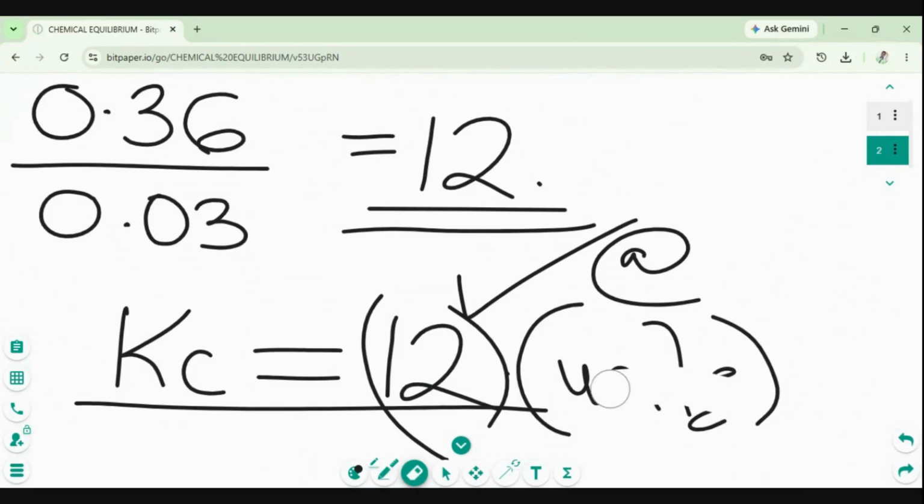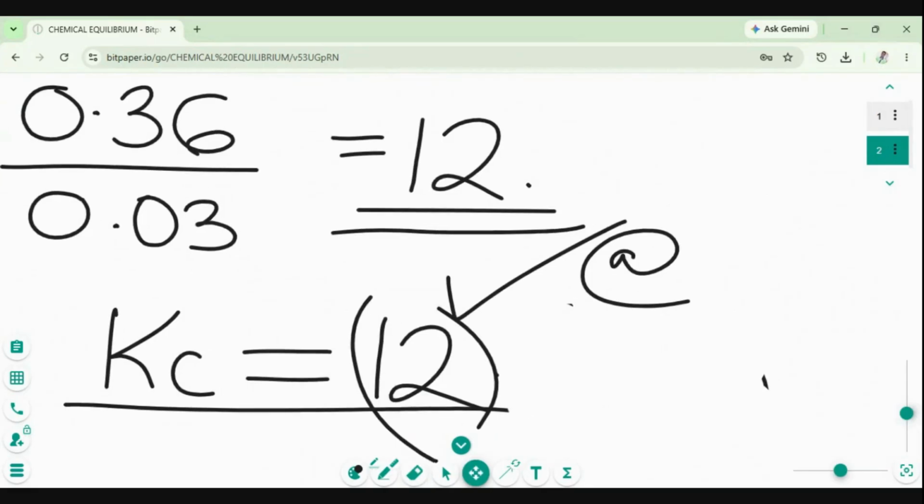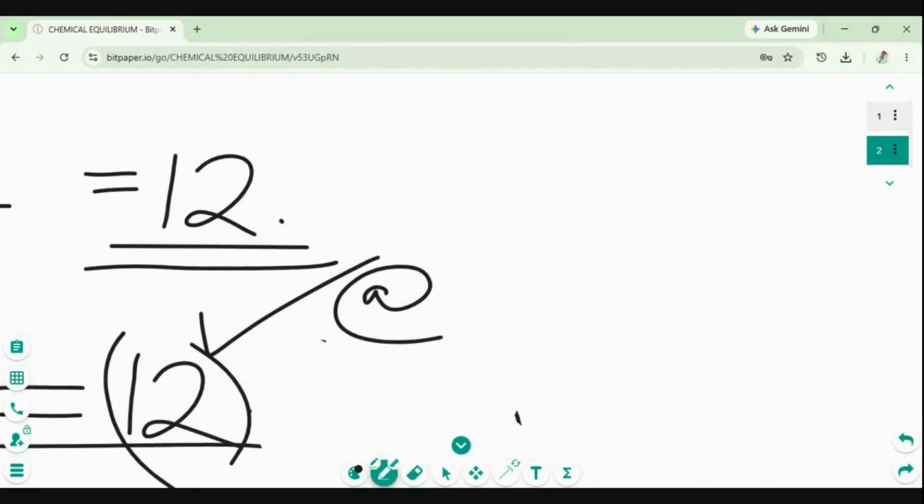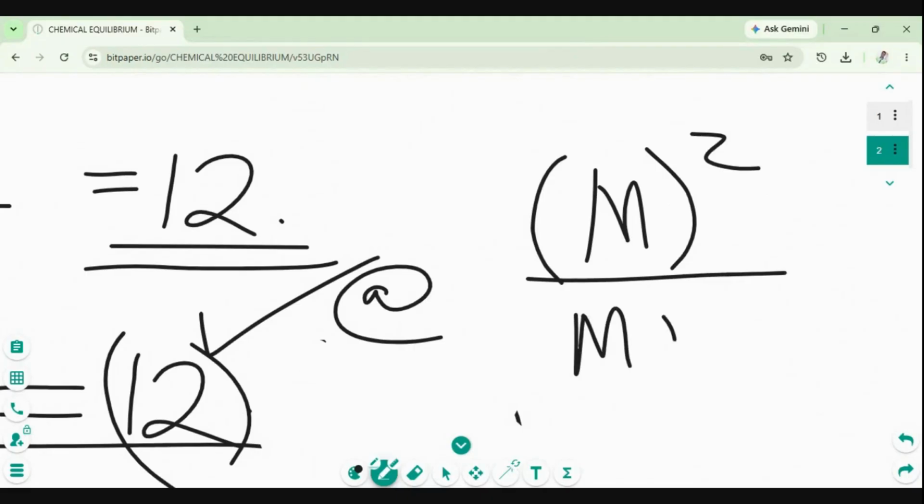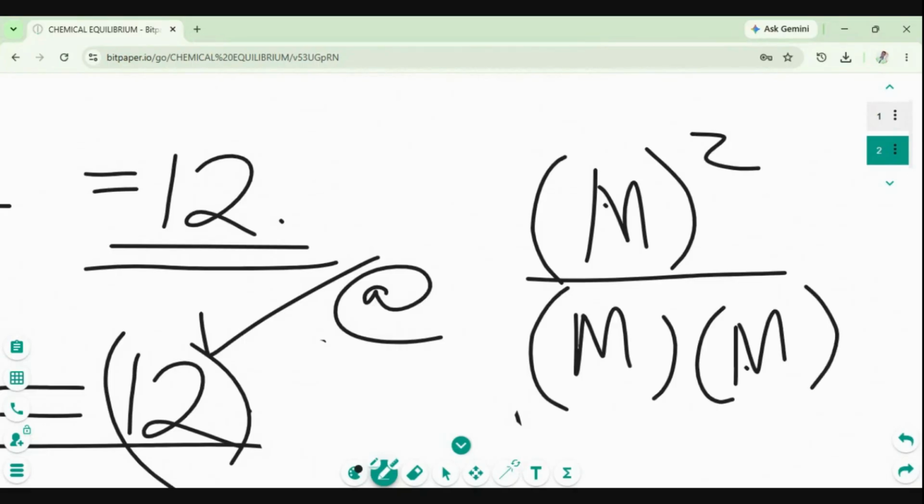Now, we say the units are derived. So if we want to know the units for this one, it's like telling you it was molar squared divided by molar times molar. So the m's are squared up. M times m.